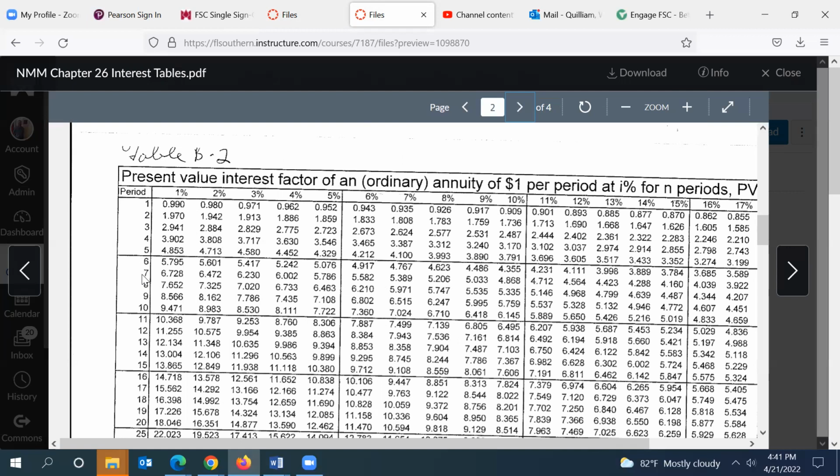We do not yet know the interest rate, but we'll guesstimate it based on that factor. So we're going to look here at year 7, and we're going to read across this row from left to right, trying to come up with some factor really close to 4.052. We can note that as we go over to the right, these interest factors are going down.